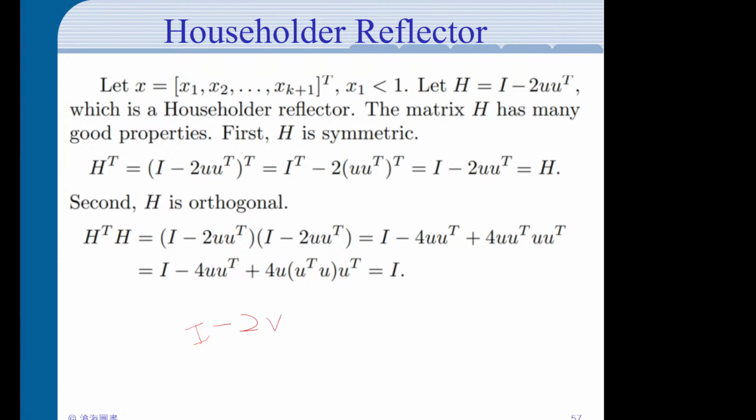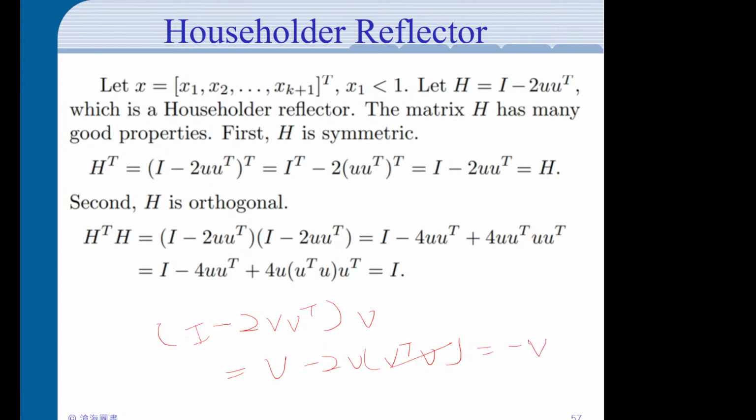What we want to say is: 1 minus 2VV^T applied on V equals, 1 applied on V gives V, and you get minus 2V times V^T V. If V is a normalized vector, then this is 1. So you get V minus 2V, which is equal to minus V.